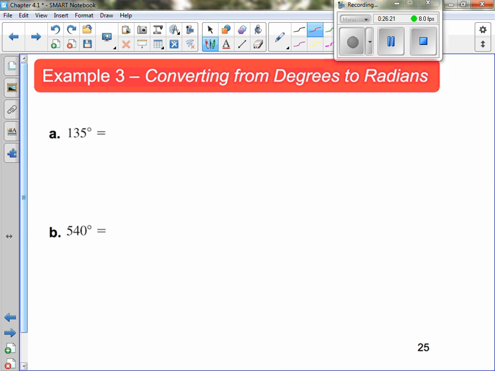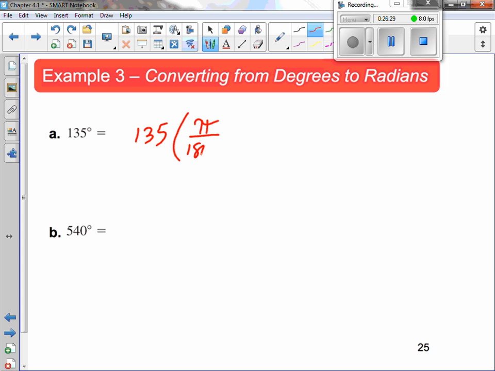If I wanted to convert 135 to radians, I would do 135 times pi over 180. 5 goes into both of these, and that would be 27 over 36, which is 3 pi over 4.